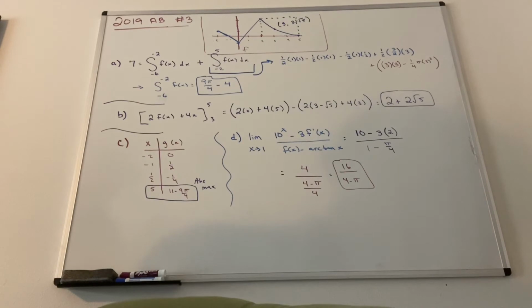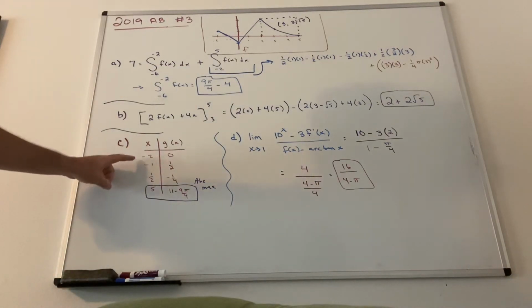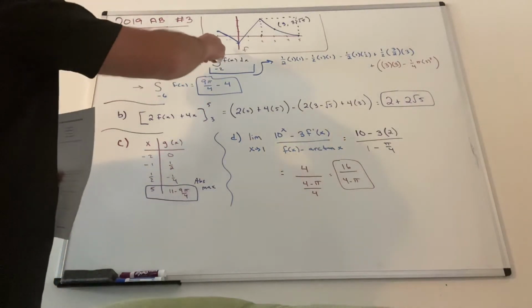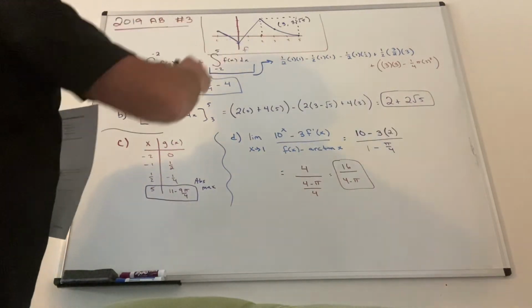Part C, g is given by the integration of f. Find the absolute max of g on the closed interval from -2 to 5 and justify. You're looking for an absolute extreme on a closed interval. Check your endpoints and when the derivative is 0. Okay, there's my endpoints. All right, and then my derivative is equal to 0, obviously at -1 and at 1/2.